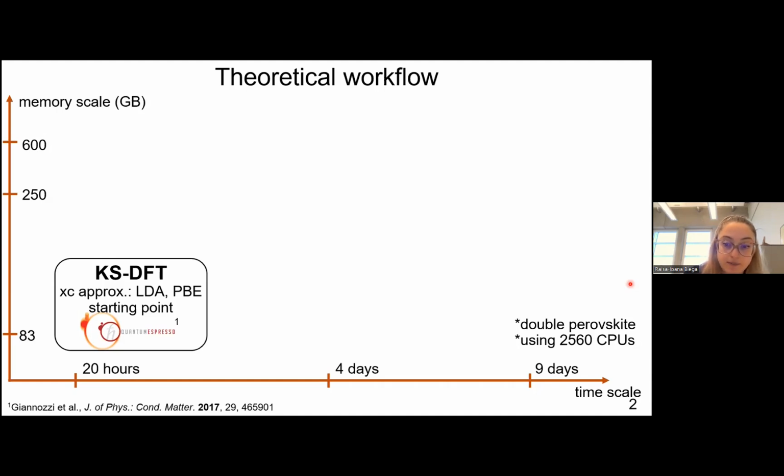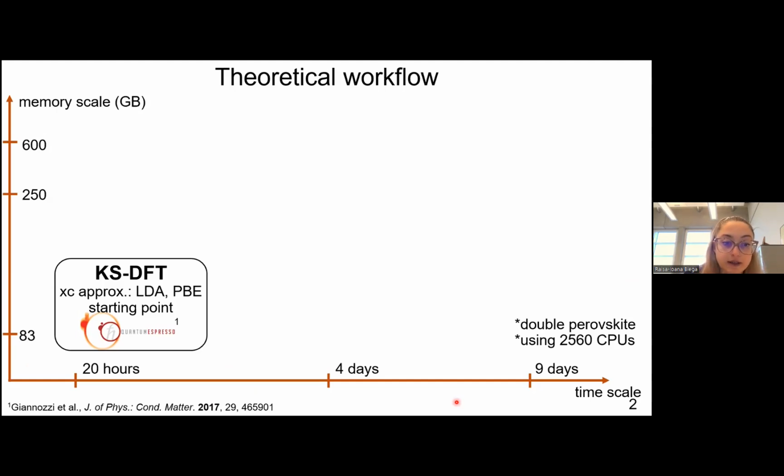And on the x-axis, we have the time to solution, so how long the calculation ran until I get the result. And on the y scale is the memory that needs to be available during the calculation for each step.